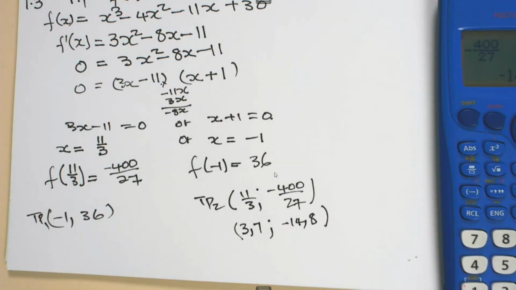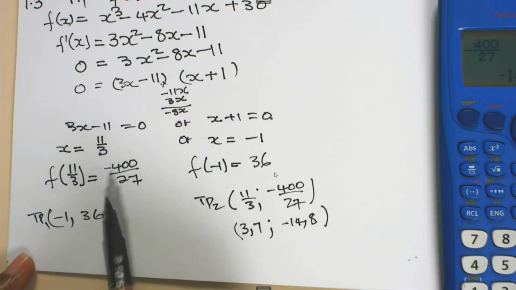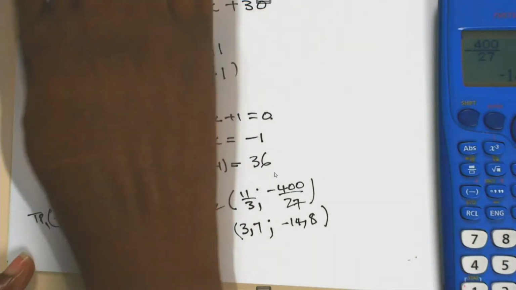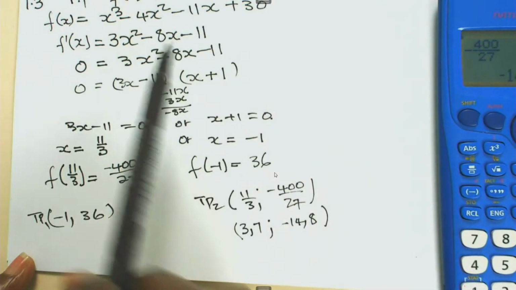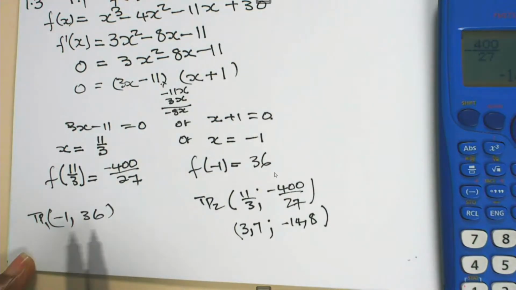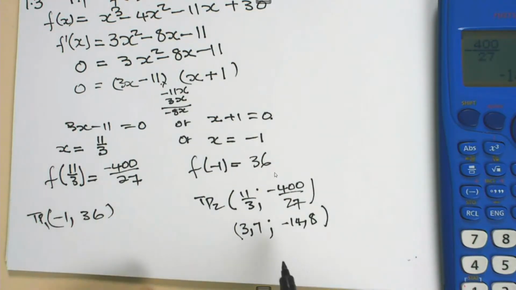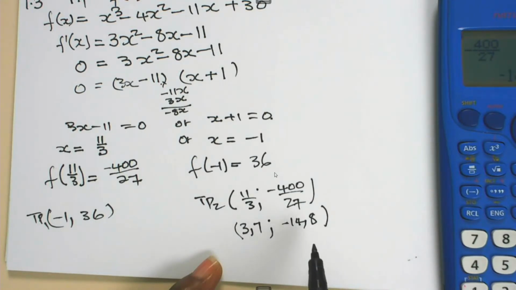I think we are done. We're able to find the y-intercept, the x-intercept, the turning point, the coordinates -1 and 36, and then we have 3.7 and -14.8.